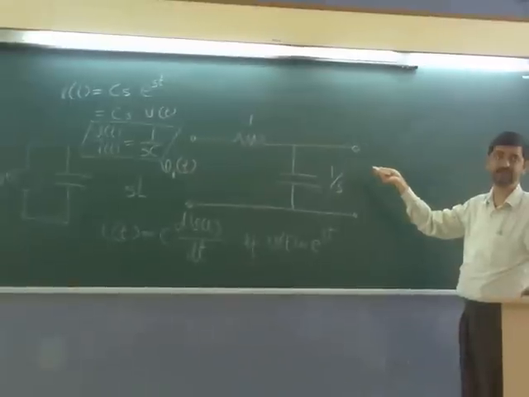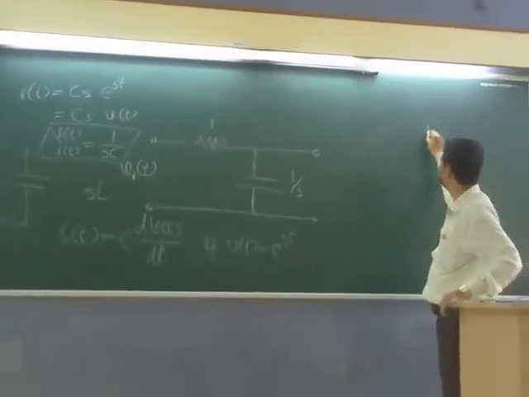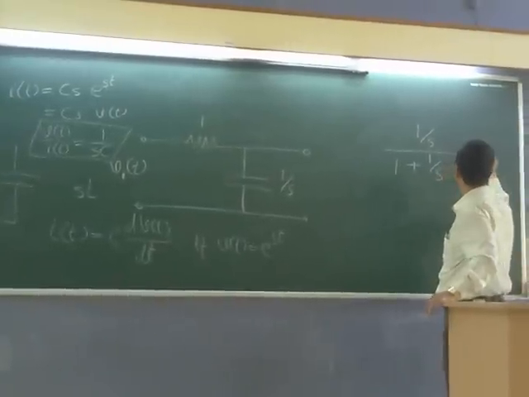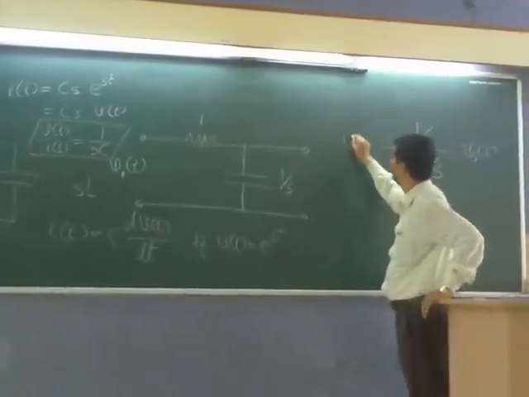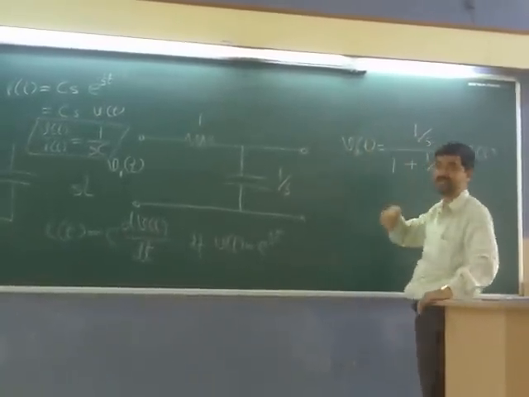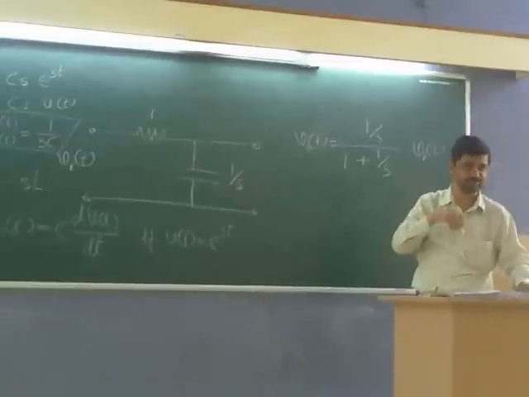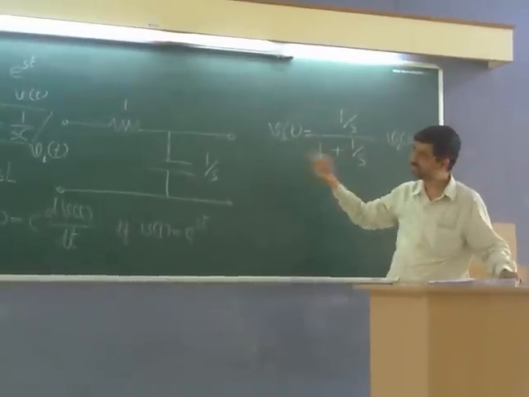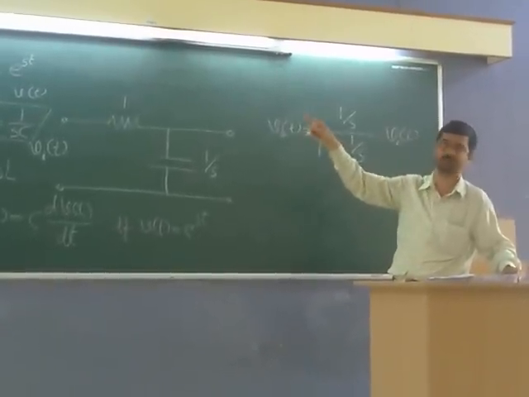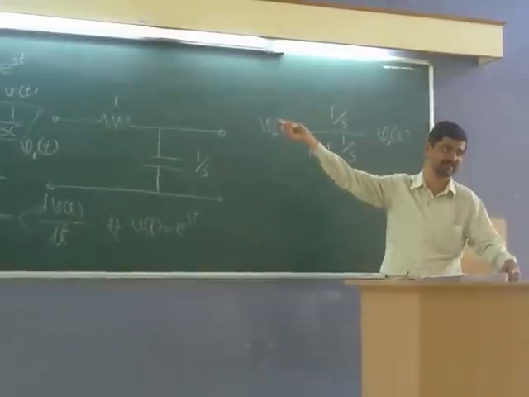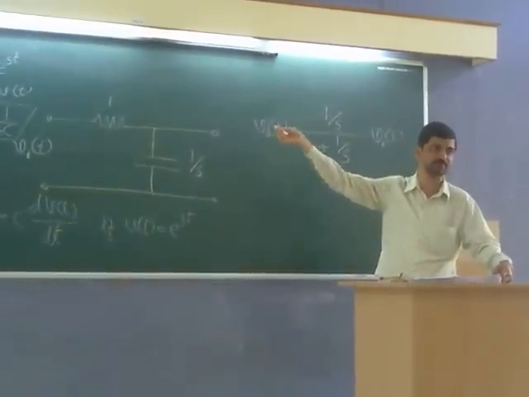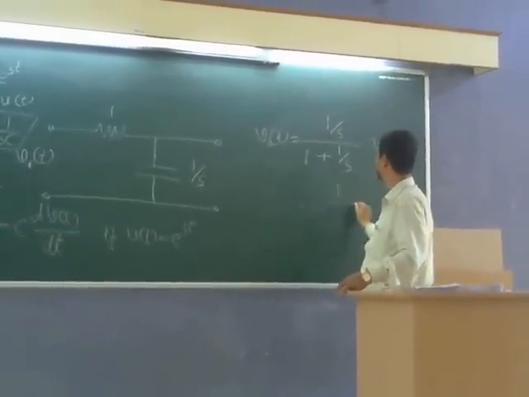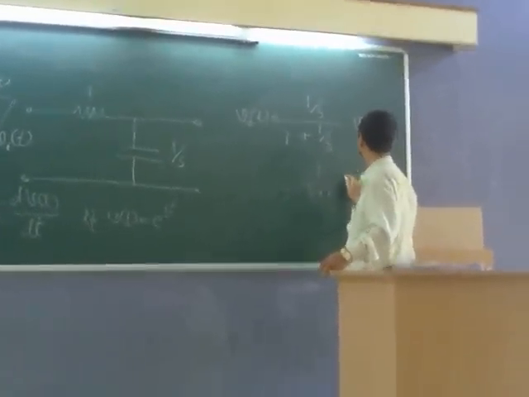The output will be 1 upon s over 1 plus 1 upon s, into e raised to st. This is provided my input is e raised to st. In general, you can make it A e raised to st, where A can be the amplitude, but right now we are making it 1. So it would be 1 upon s plus 1 into e raised to st.